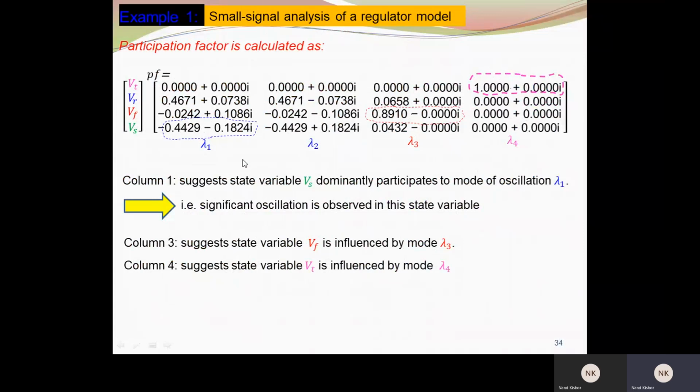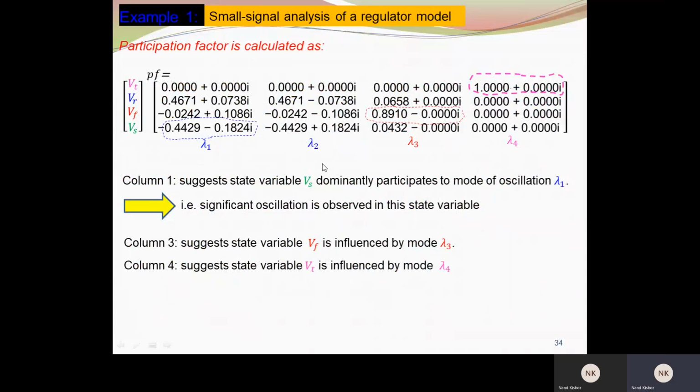So depending upon the magnitude of these quantities corresponding to the state variables and the eigenvalues lambda, we can know which state variable will participate dominantly in the given mode.